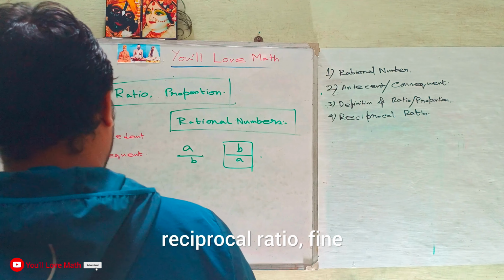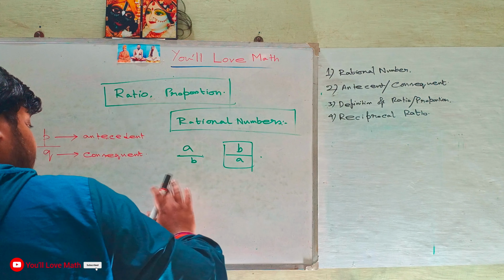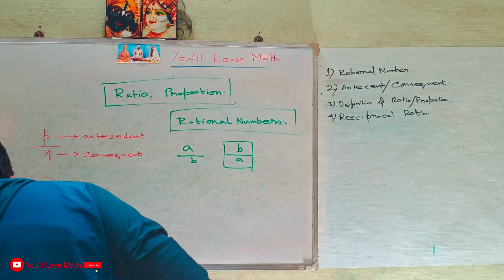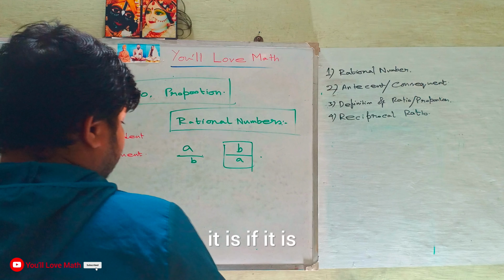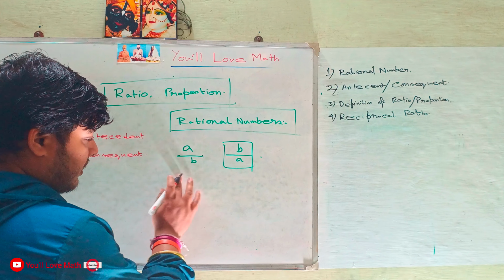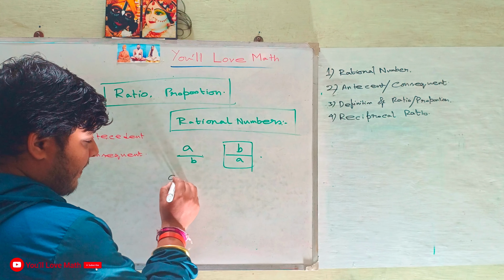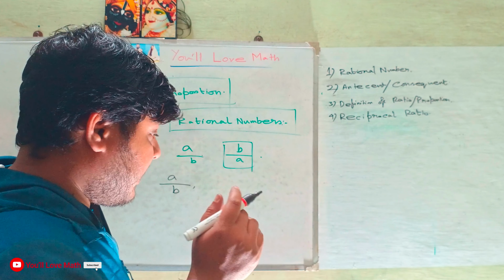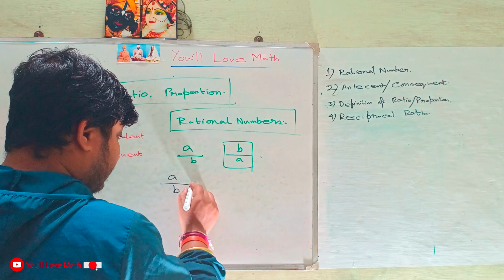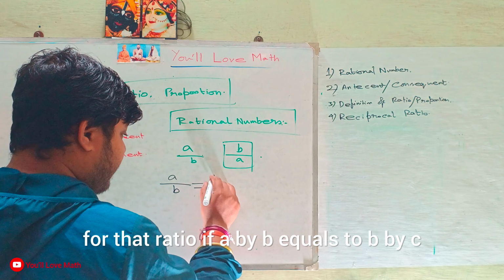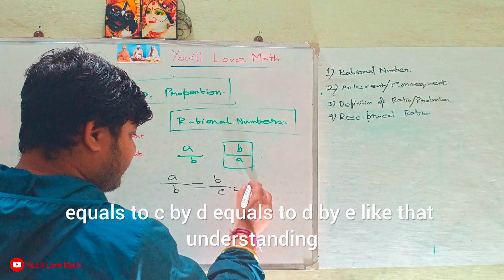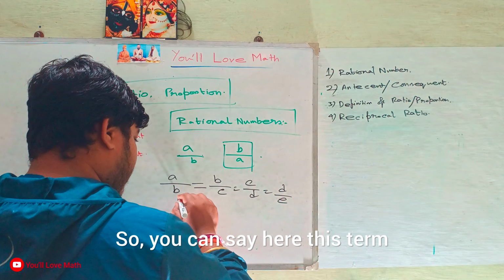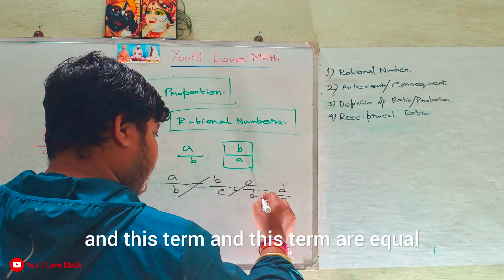Reciprocal ratio, fine. Now another thing: if a by b is given, and a by b equals b by c equals c by d equals d by e, like that, then you can say this term, this term and this term are equal.